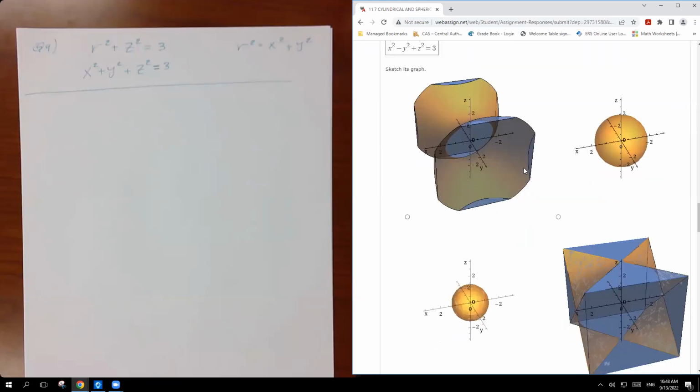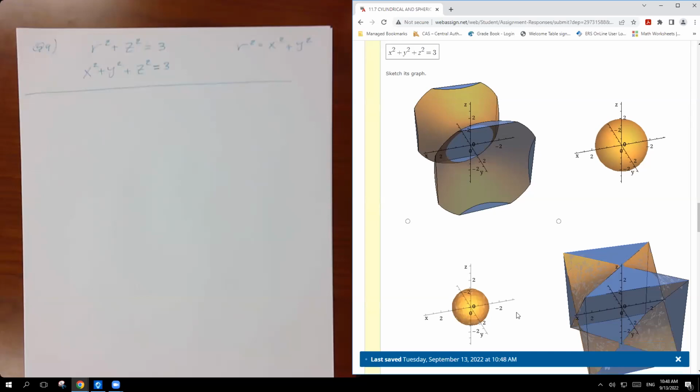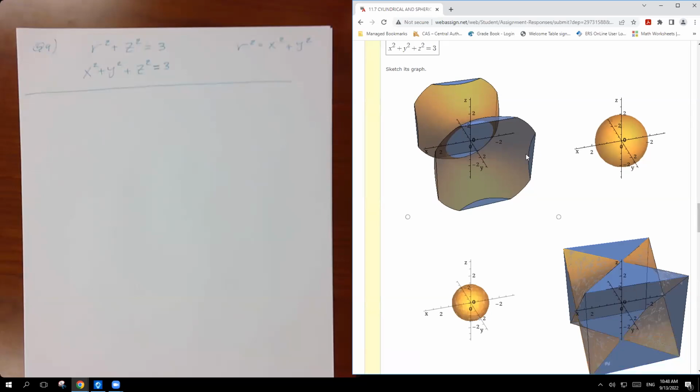X, y, z equals 3. So the radius, if you move this one, the height is going to be 3. So we can choose this one or this one. What do you think? Which one is going to be the right one?